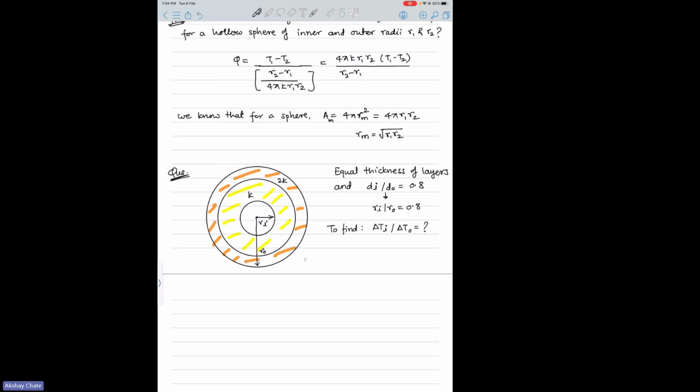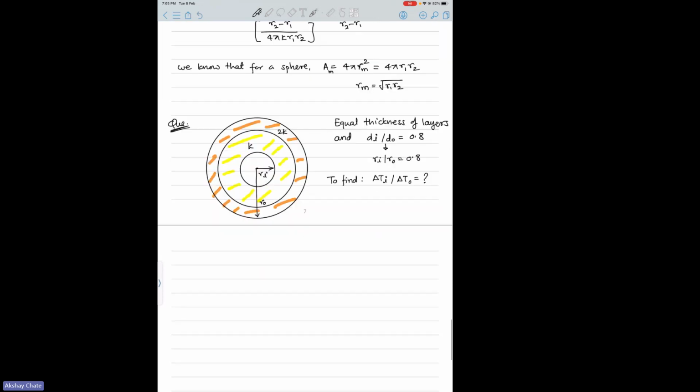That is the question. I have given it in a very concise form, but the question is quite lengthy. Here they have mentioned everything in terms of Ro and Ri, but we cannot write thermal resistances that way.